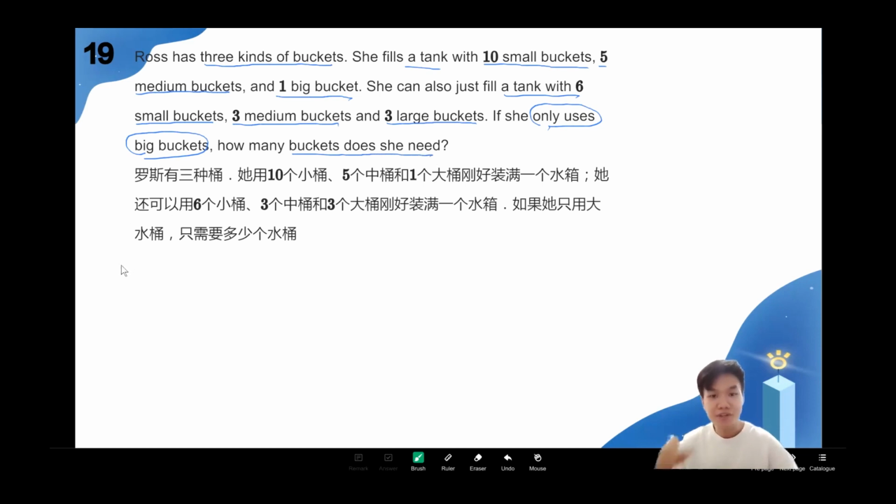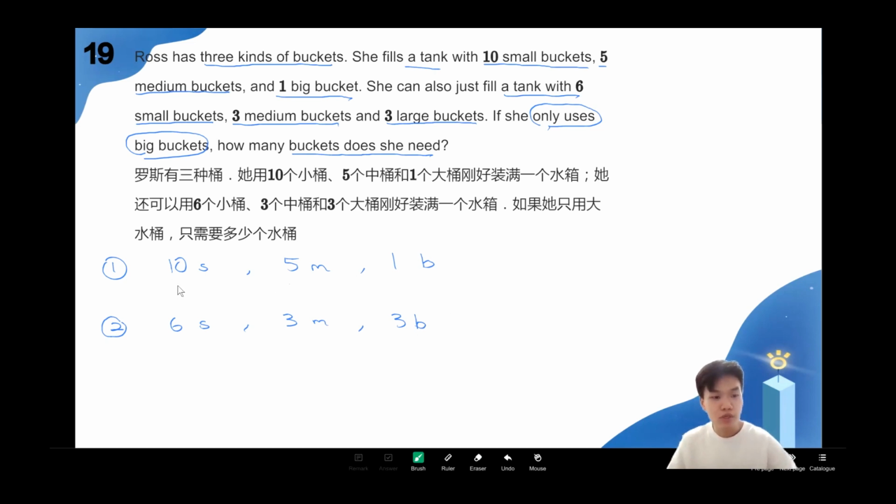We write down the first and the second scenario. The first one, she uses 10 small buckets, 5 medium buckets, 1 big bucket. In the second scenario, she uses 6 small buckets, 3 medium buckets, and 3 big buckets. Let's compare these two scenarios.